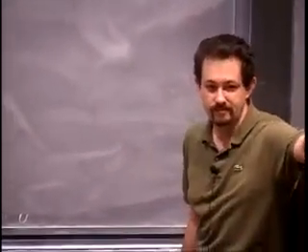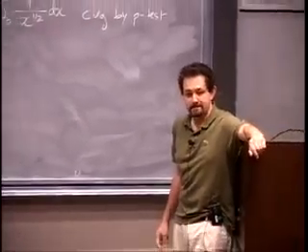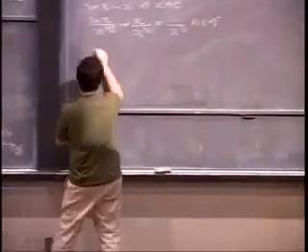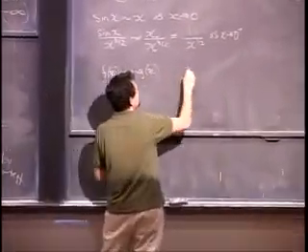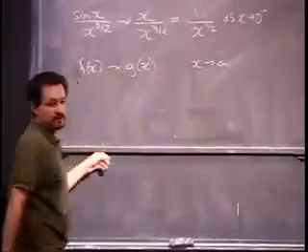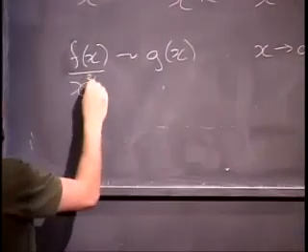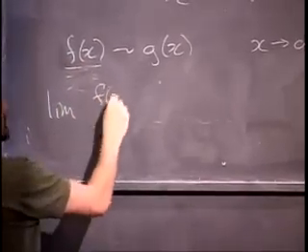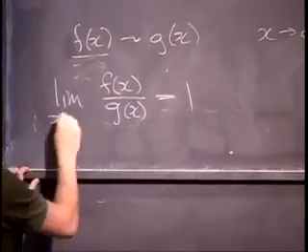What is the justification for being able to divide by x to the 3/2? Doesn't that require some more justification? Suppose that you know that f of x twiddles g of x as x goes to a. I claim you can divide that by anything you want as long as it's non-zero. Why? Because you're looking at the limit of the ratio f over g, and you're saying that's equal to 1.